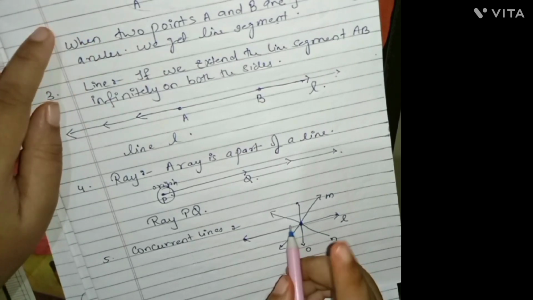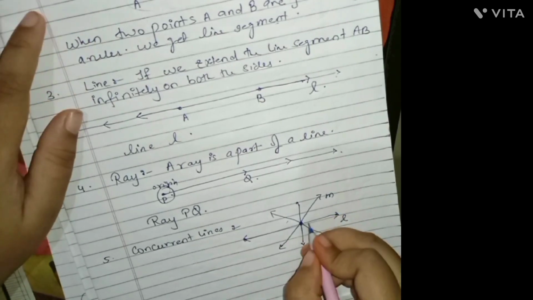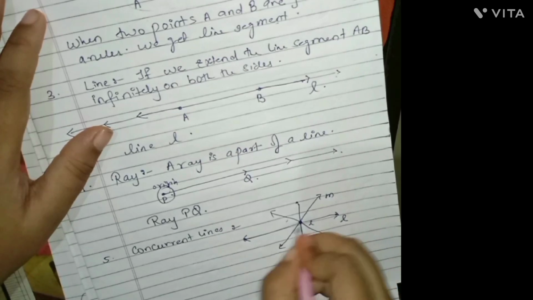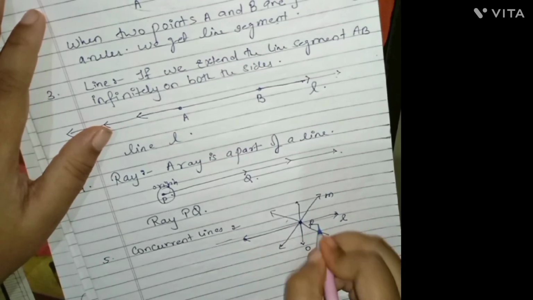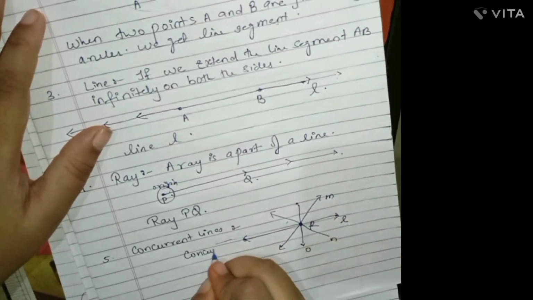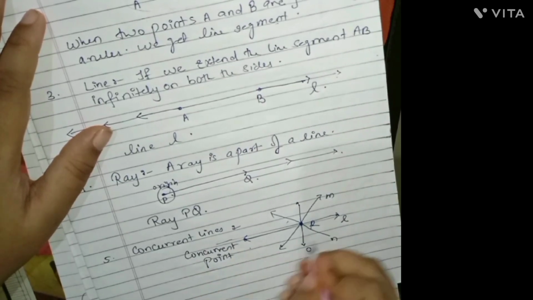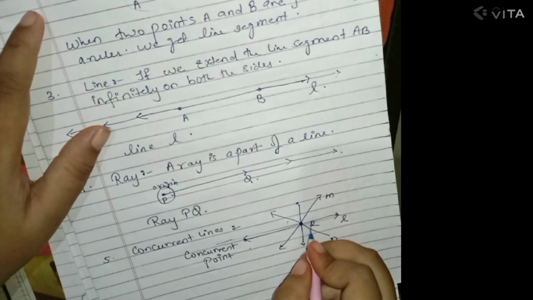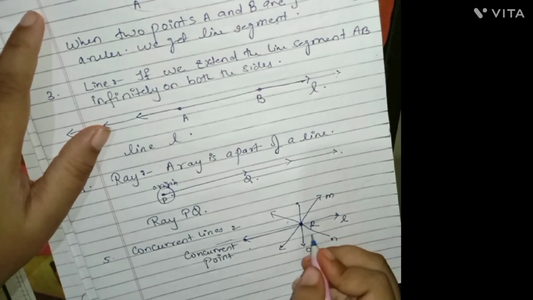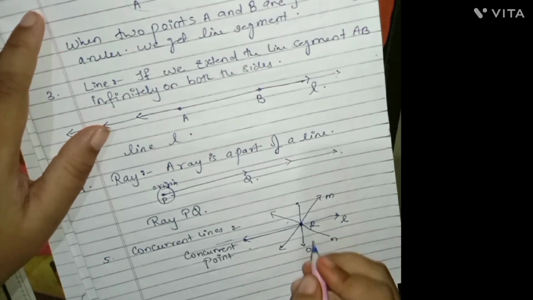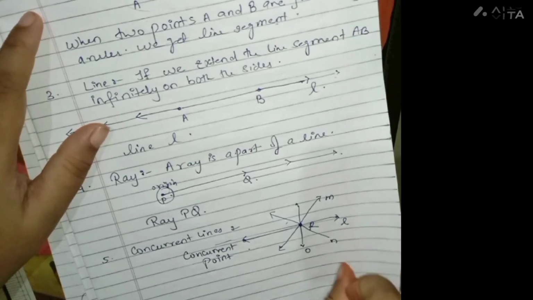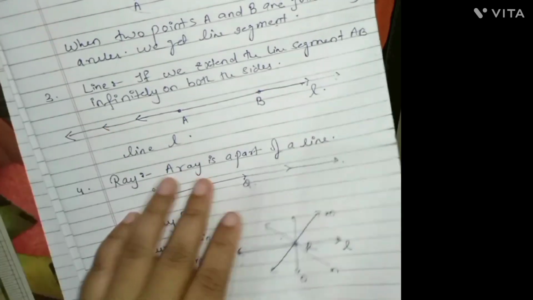That point is called the point of concurrency, and the lines are called concurrent lines. So when 3 or more lines pass through the same point, they are called concurrent lines.